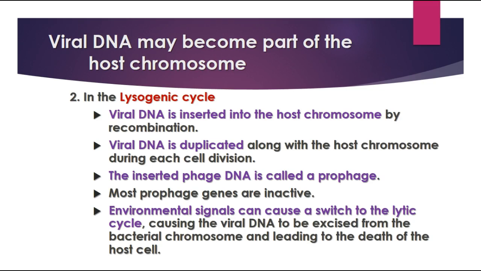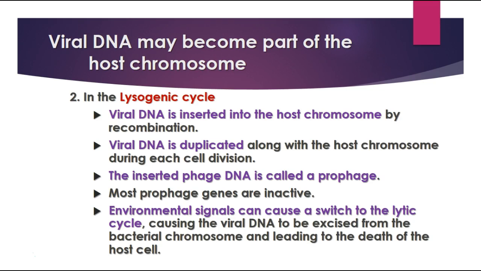It's kind of a stealth mode, I guess, is the best way to say it. Every time that cell reproduces, then the viral DNA is also duplicated along with the host chromosome. We call that inserted DNA in a bacteriophage a prophage. In a eukaryotic cell, we call it a provirus.